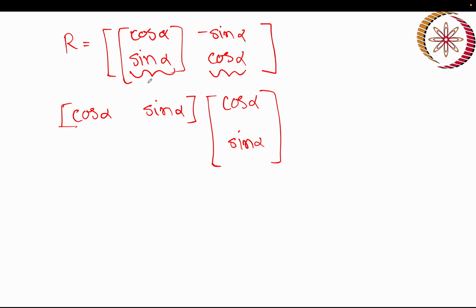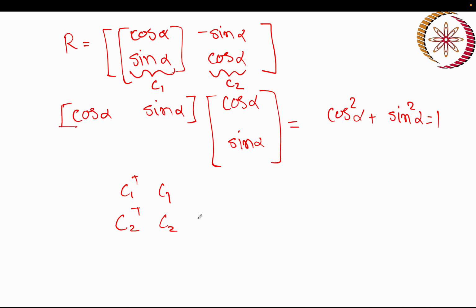Let's say this is column 1 and this is column 2. This is column 1 transpose column 1, which is cos square alpha plus sin square alpha, which is 1. Similarly we can take column 2 transpose column 2. So you can see that the magnitude of the first column is 1.